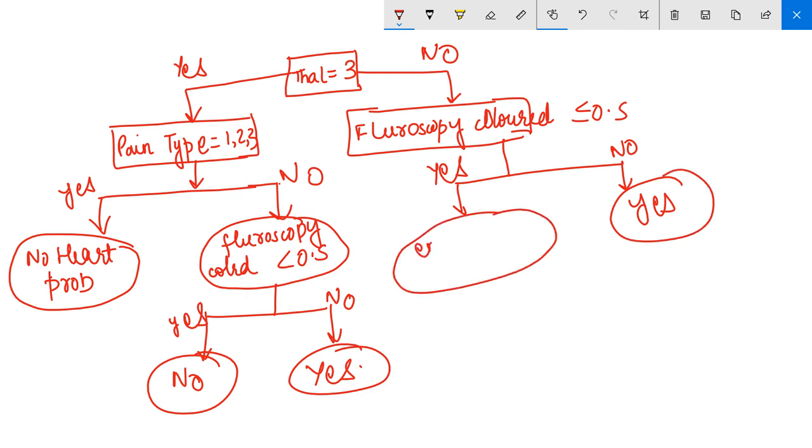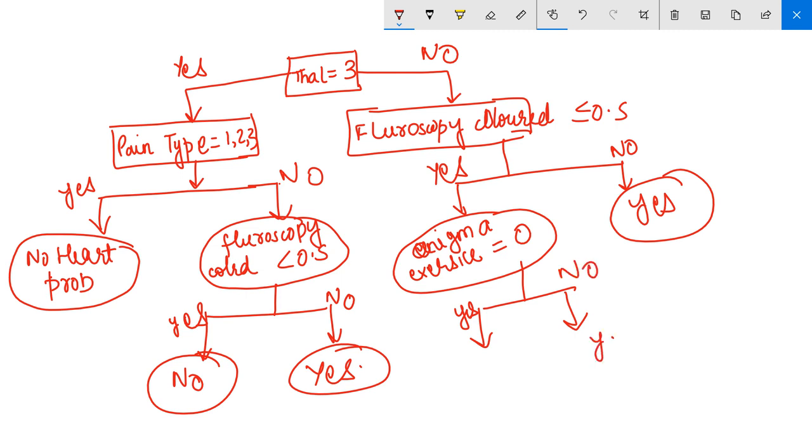Here, enigma exercise as 0. Yes, no, yes.